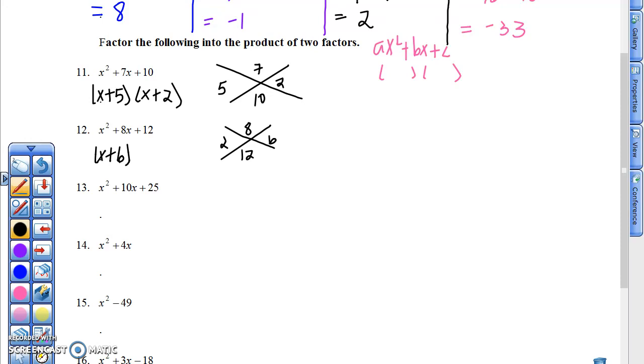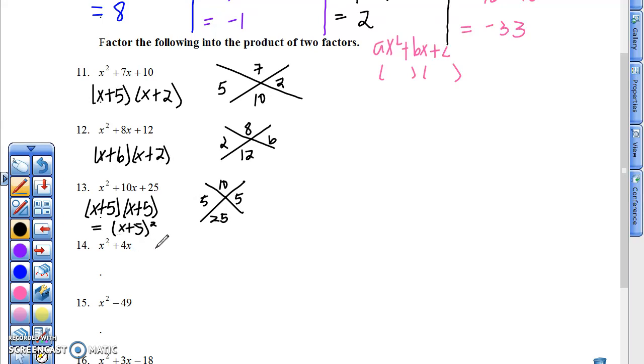X plus 6, x plus 2. Factors of 25 that sum to 10. 5 and 5. So x plus 5 times x plus 5. If you wanted, you could write that as x plus 5, the quantity squared.